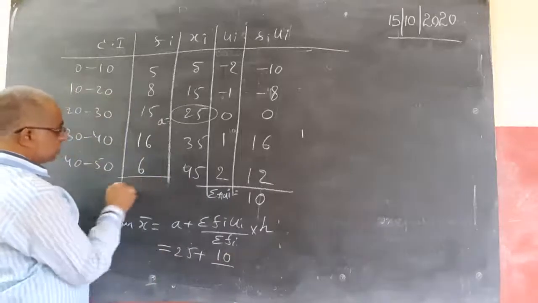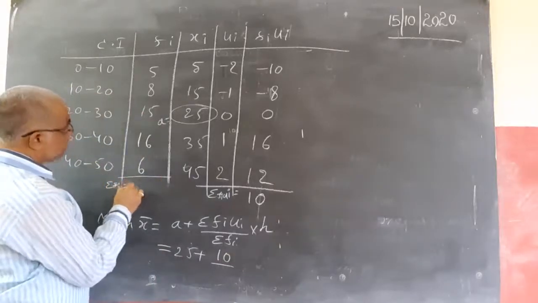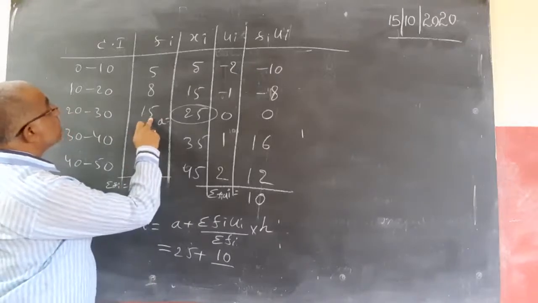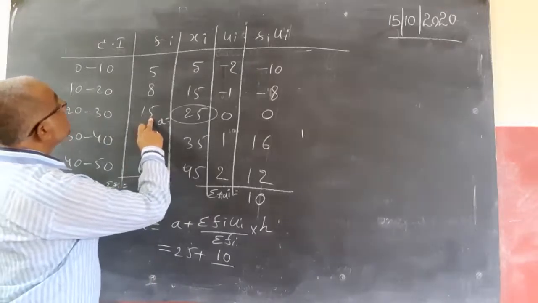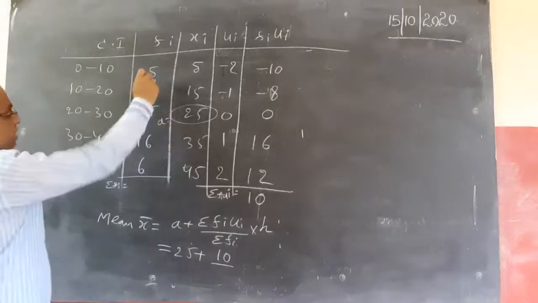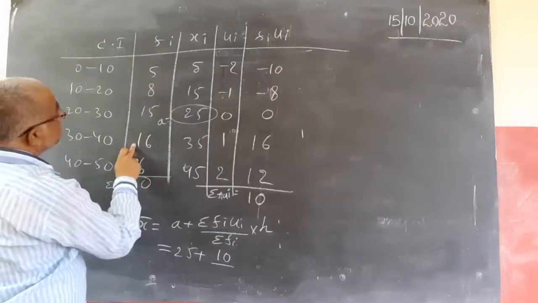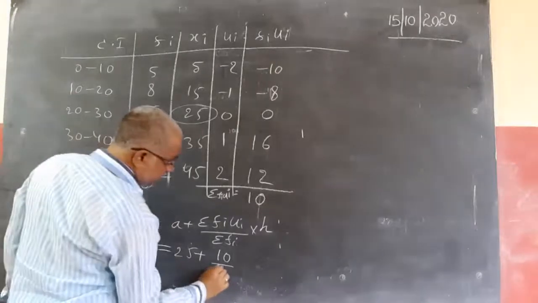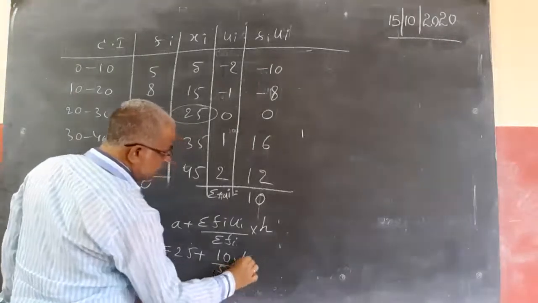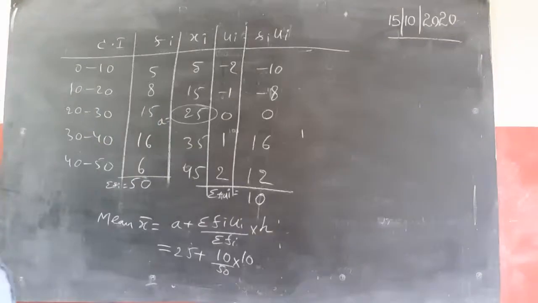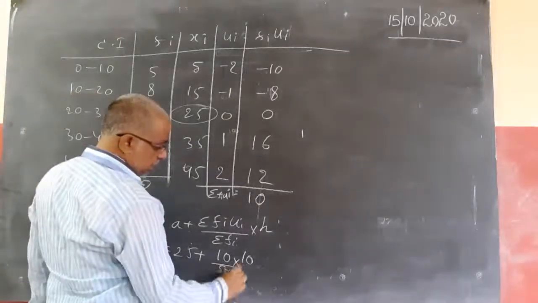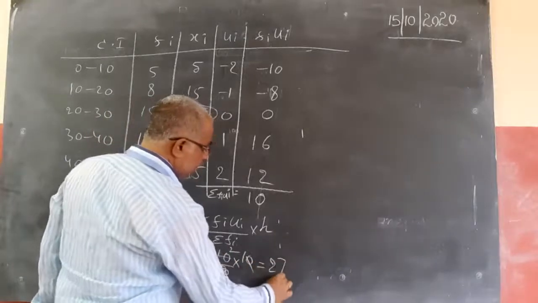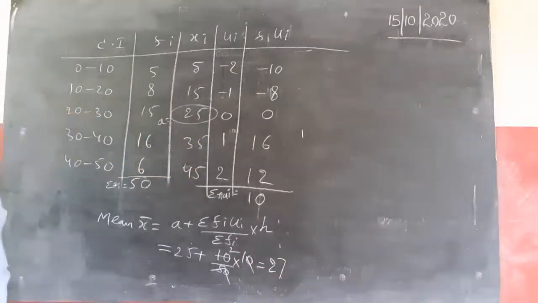Adding the frequencies, 6 plus 6 is 12, plus 5 is 17, plus 8 is 25, plus 15 is 40, plus 10 is 50. So sigma fi is 50. 10 by 50 into class size 10 gives 2. So 25 plus 2, 27 is x bar.